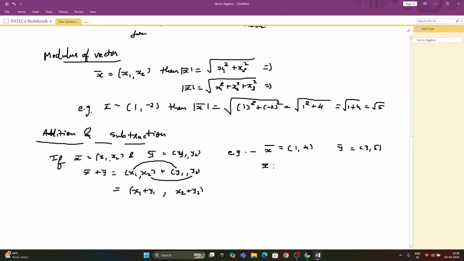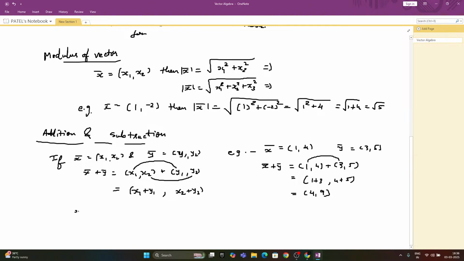Then x bar plus y bar is 1 plus 3 comma 4 plus 5, which is 4 and 9. We can do the same for three dimension.